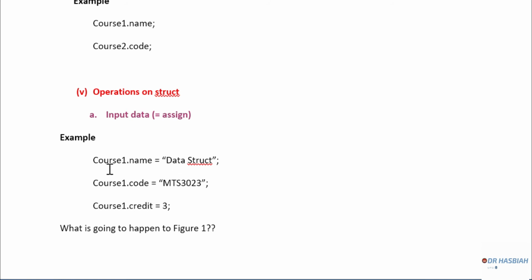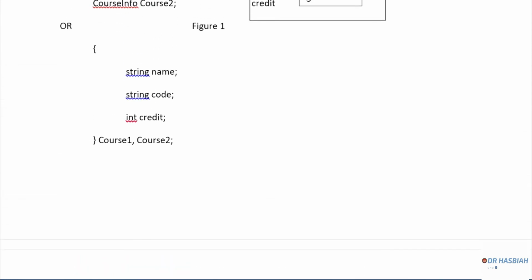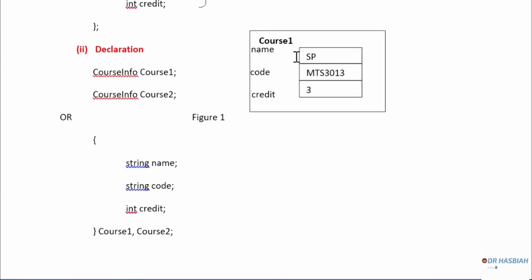So you can use cost1.name equal to data struct semicolon, cost1.code equal to MTS 3023 semicolon, and then cost1.credit 3. When you assign this info to the name, the code and the credit, what is going to happen to figure 1 here? The content of the struct member will change.